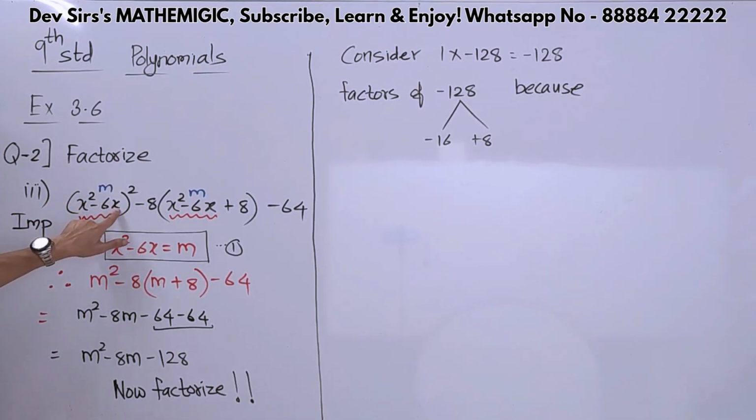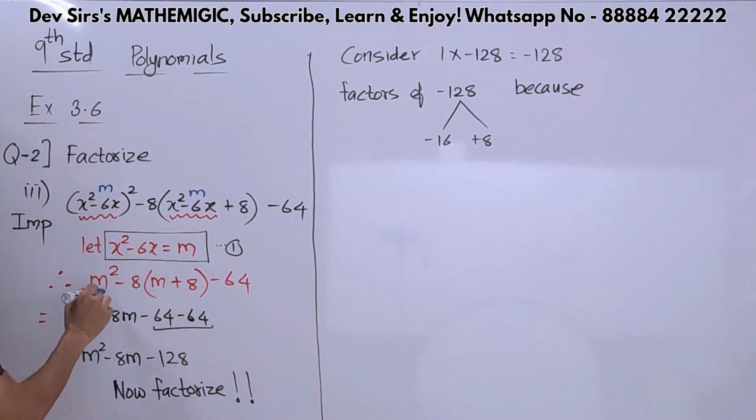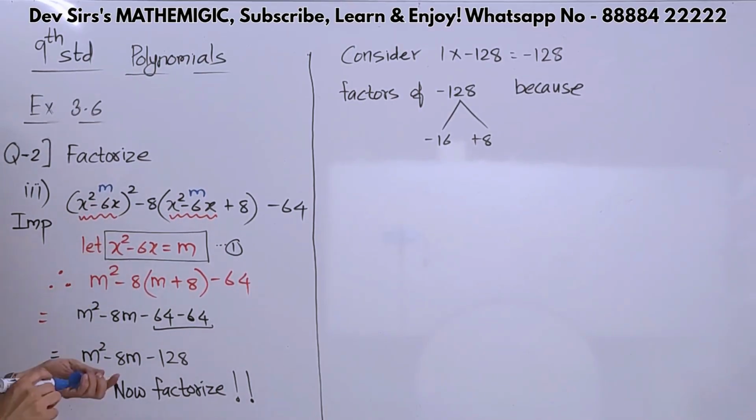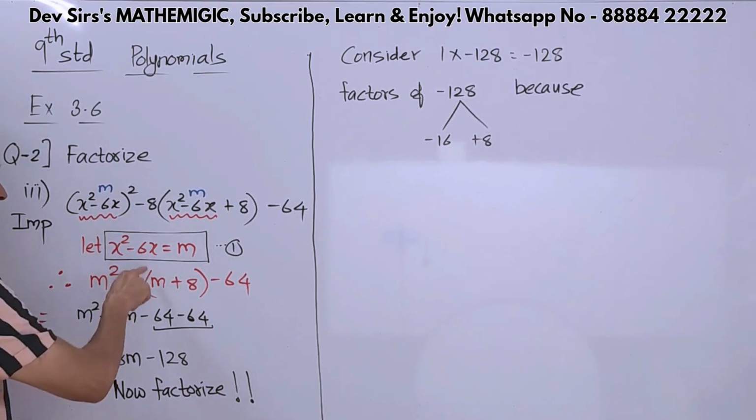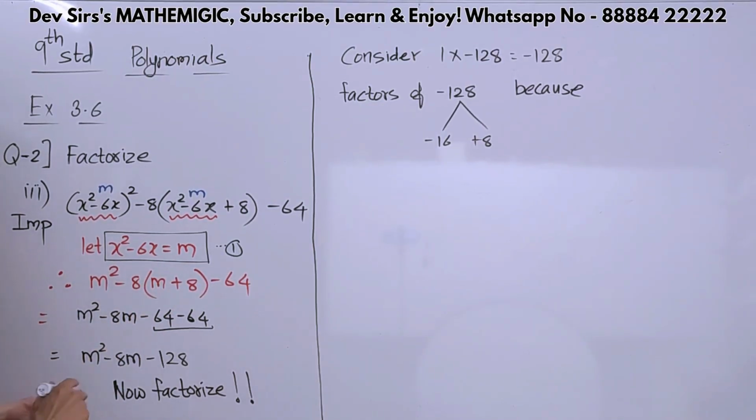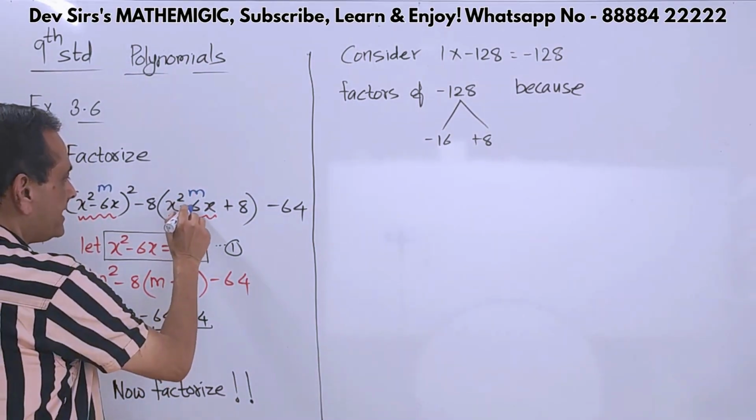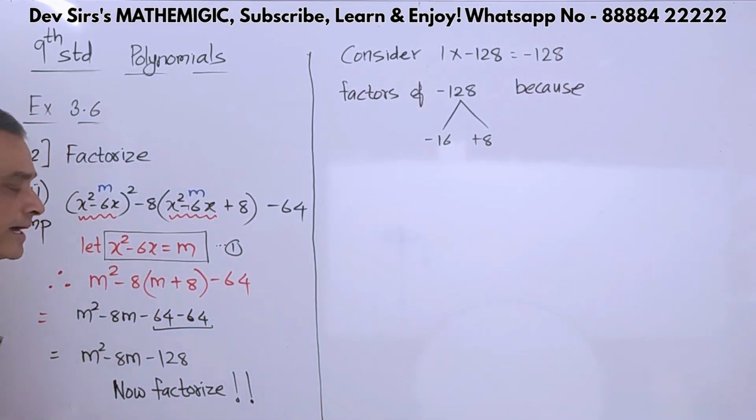Look, instead of x squared minus 6x, I get m squared. I just put m over here. Minus 8 remains as it is. Inside the bracket, again I have put m over here like this, m. So what do I get?